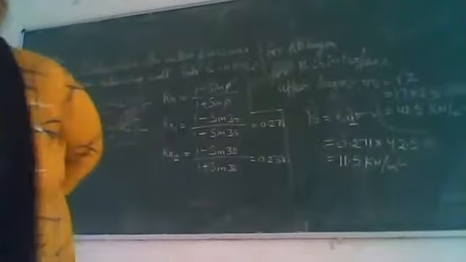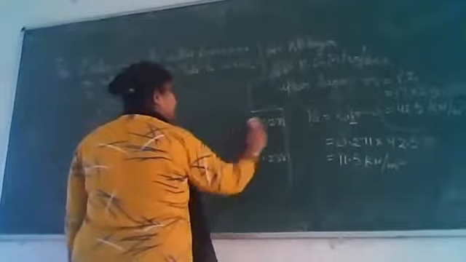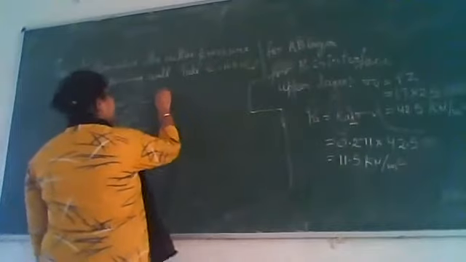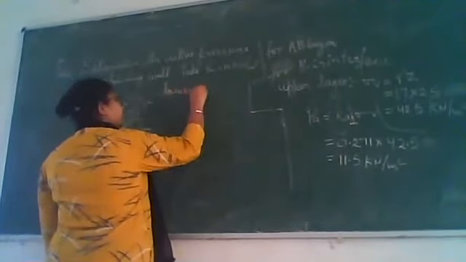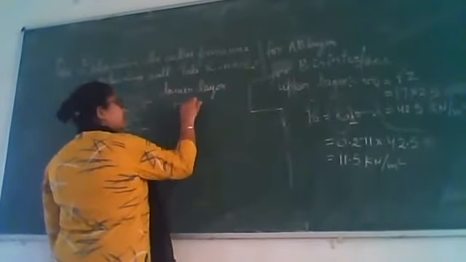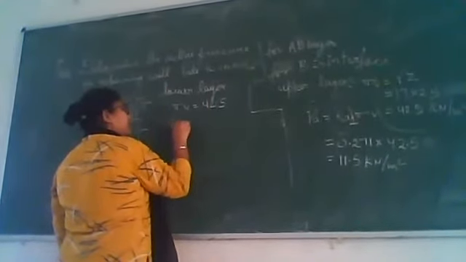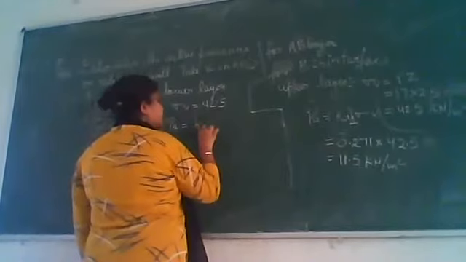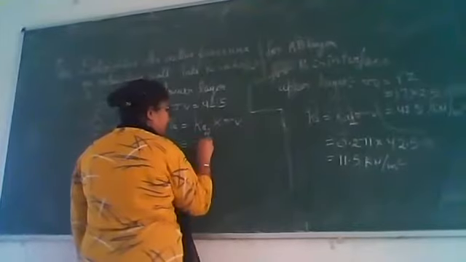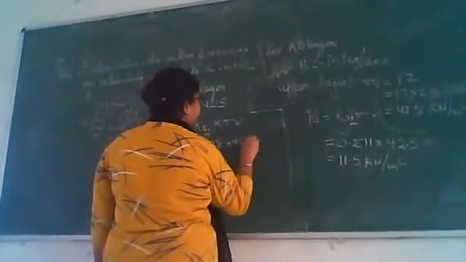Now we calculate for the lower layer. For the lower layer, sigma B is the same, 42.5. But PA is Ka2 multiplied by sigma V. What is Ka2? 0.238 multiplied by 42.5.